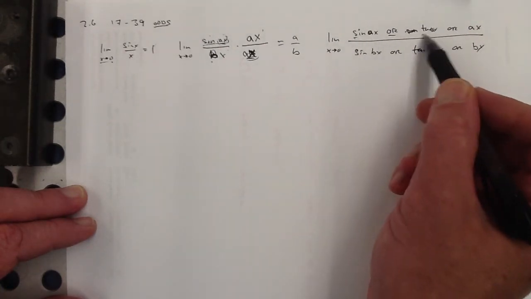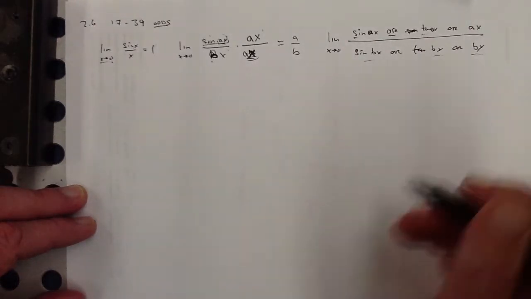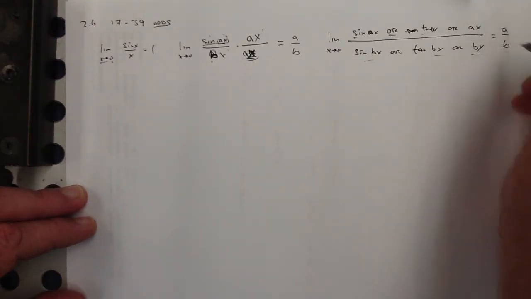Any one of these things over any one of these things is just a over b.